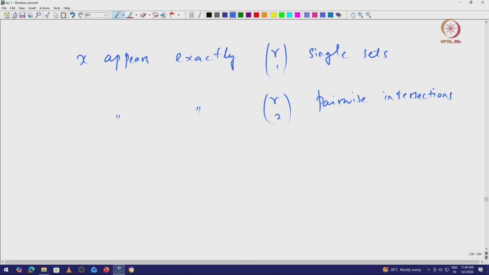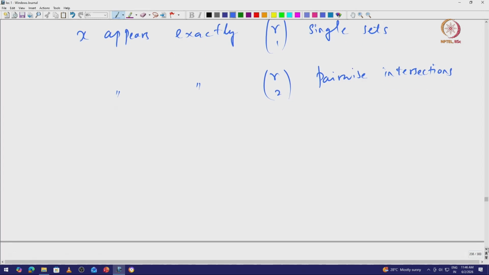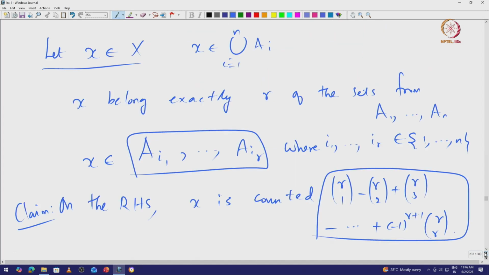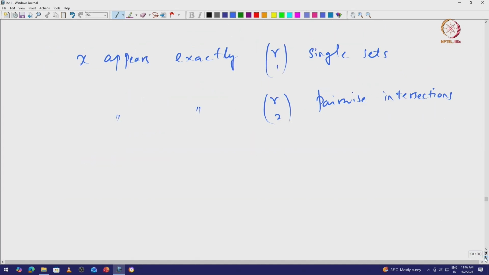Why? Because we can choose any two sets from this collection A_{i1} etc. A_{iR}, and then x will be in the intersection of them. Namely, x is in the intersection A_i intersection A_j, where i and j are chosen from this I1 etc. IR. Similarly, we can continue this.